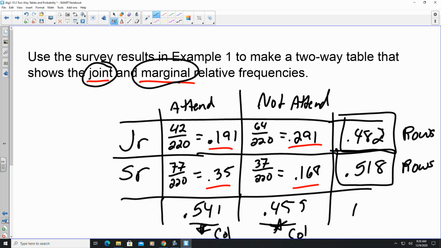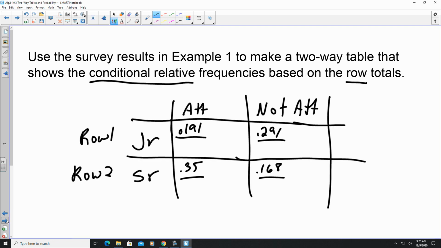All right. So with that being said, this is now going to be 0.191 divided by 0.482. This is going to be 0.482 as well. On the bottom, this is going to be 0.518, and this is going to be 0.518. And you're going to get an approximate decimal value here.